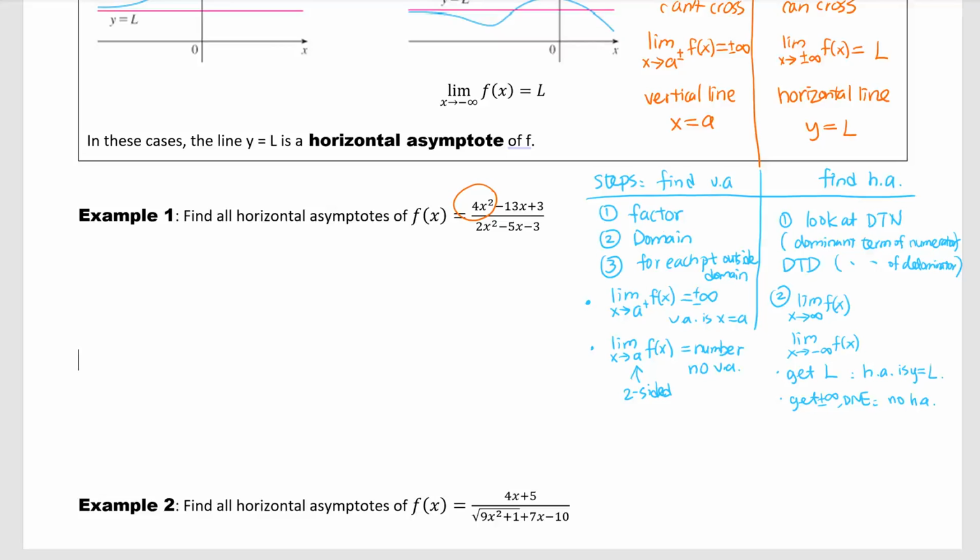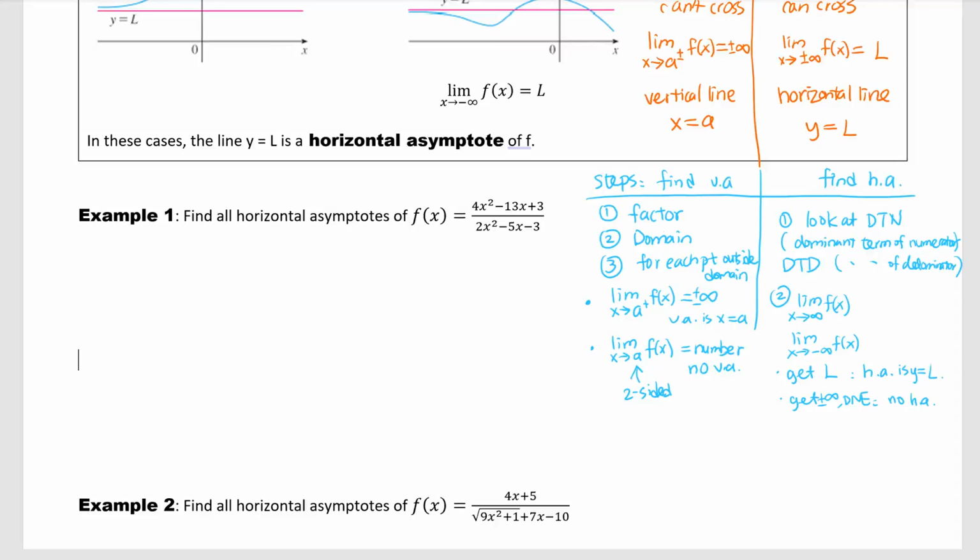That's why it's enough to just look at the dominant terms, the highest power term of the numerator and denominator. Here I'm going to show you a complete proof, and then the quick way that you can do it in our course.